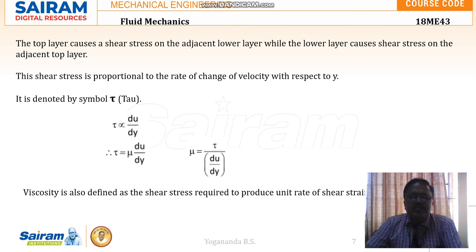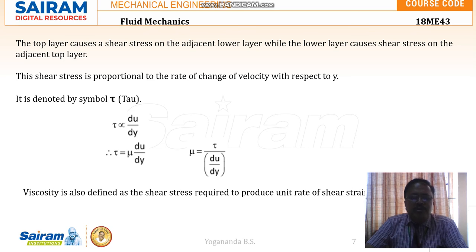So stress is inversely proportional to the distance between the layers, whereas directly proportional to the velocity of the fluid layer. So tau is proportional to du by dy, the rate of change of velocity with respect to y. We have mu, the proportionality constant. So tau is equal to mu into du by dy.